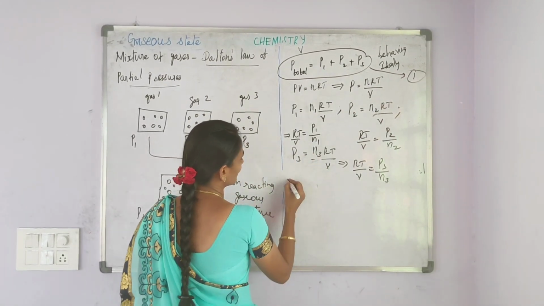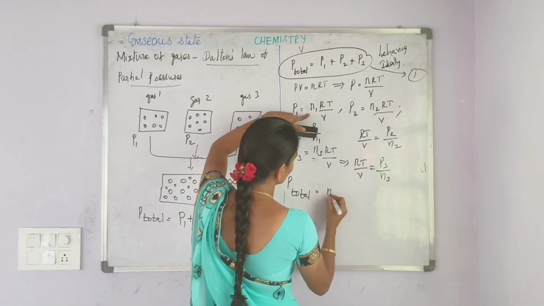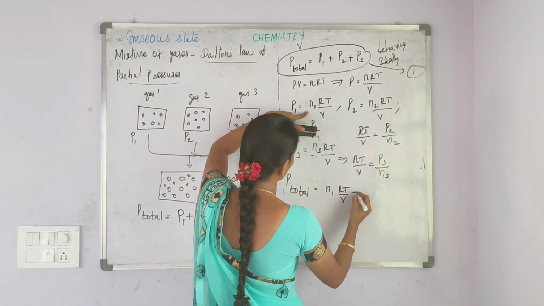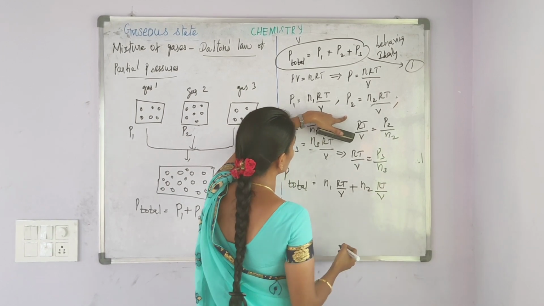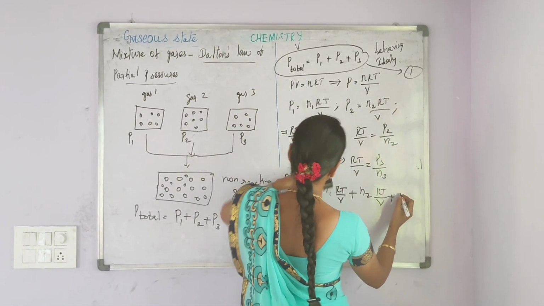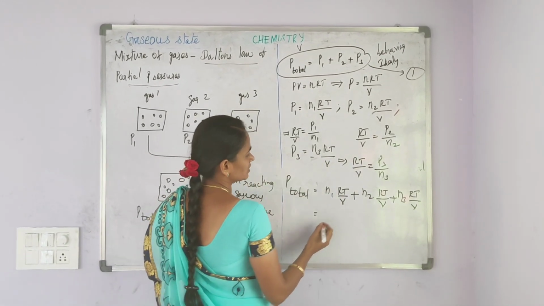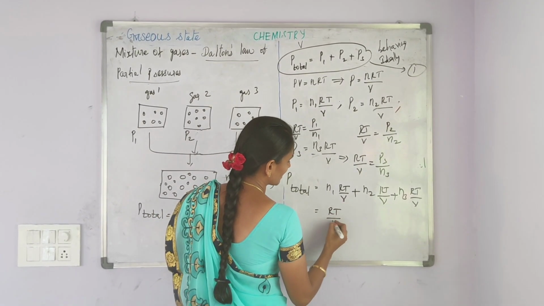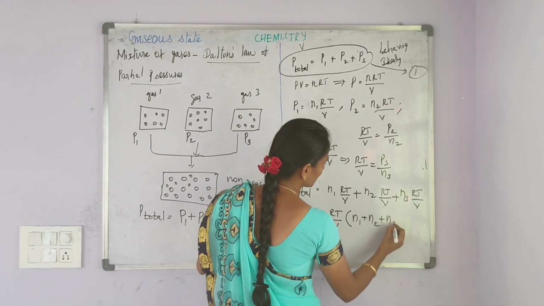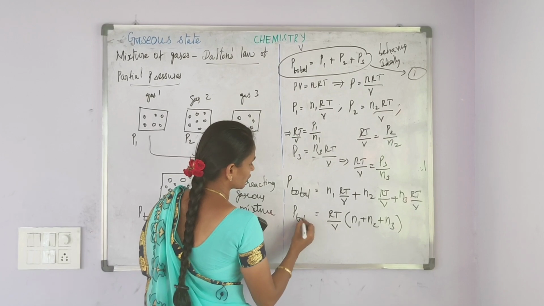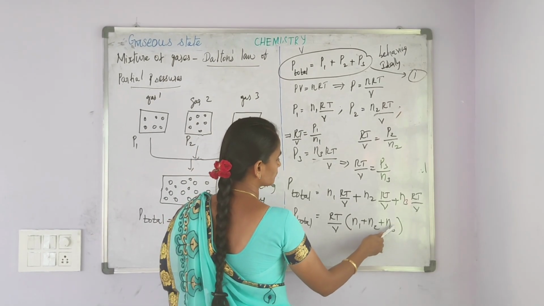The equation 1 will become P total is equal to n1 RT divided by V plus n2 RT divided by V plus n3 RT divided by V. Now I am taking RT divided by V common: P total is equal to RT divided by V into n1 plus n2 plus n3.